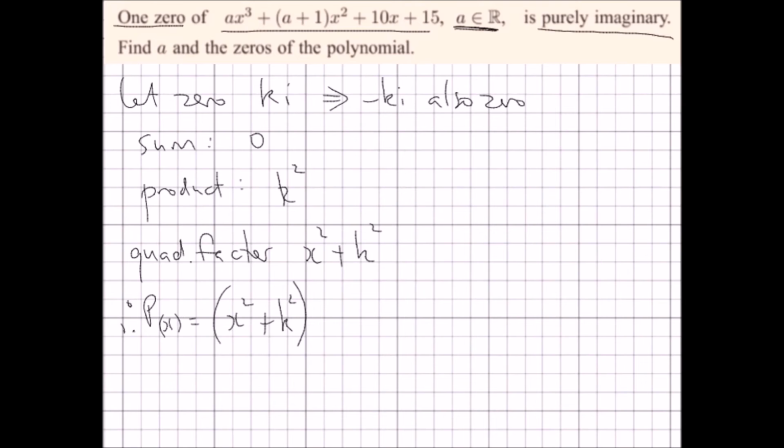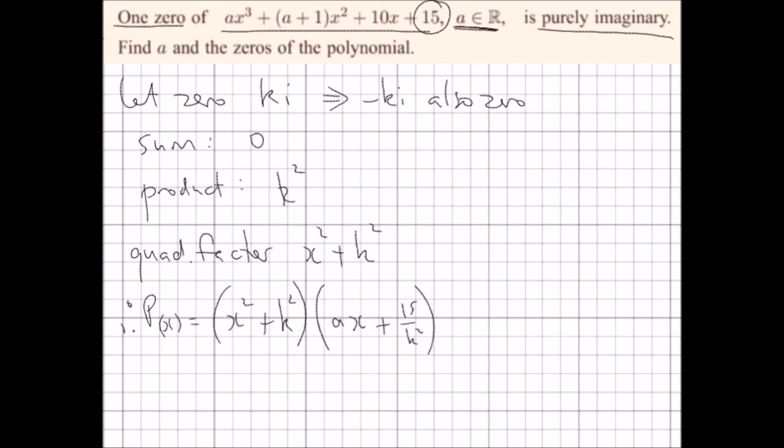Writing p of x in terms of its factors, we've got a quadratic factor, and there must be a linear factor. Once again, it's going to be a times by x, and then I've got my constant, times with k squared, to make it 15. So if I make it 15 over k squared, they multiply to make 15.